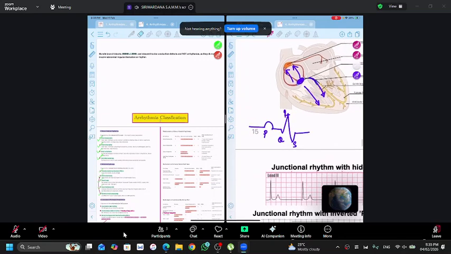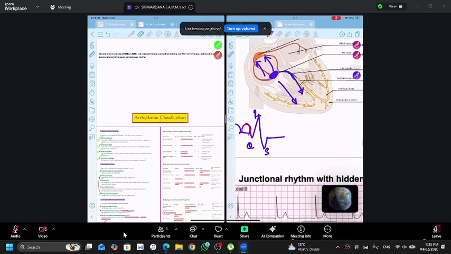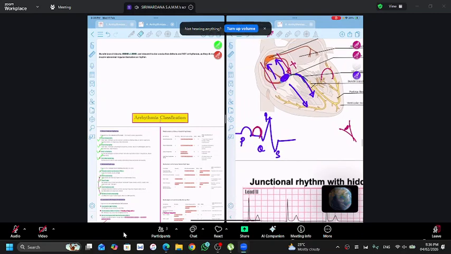Now, another thing is this P wave will not be like the normal one, because we are looking from lead II, like the scanning electrode is here. Normally there's a positive deflection coming towards here, so the P wave is a positive deflection. But here the impulse is going to the other side.